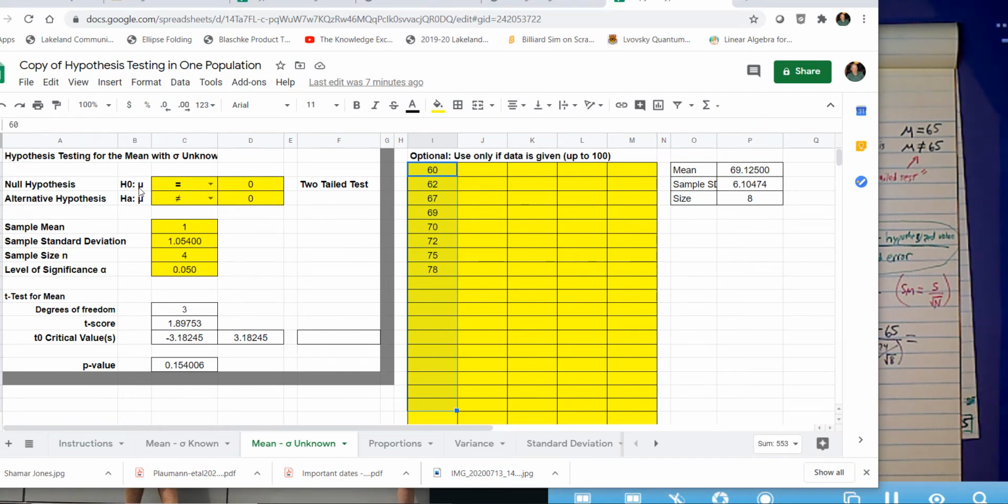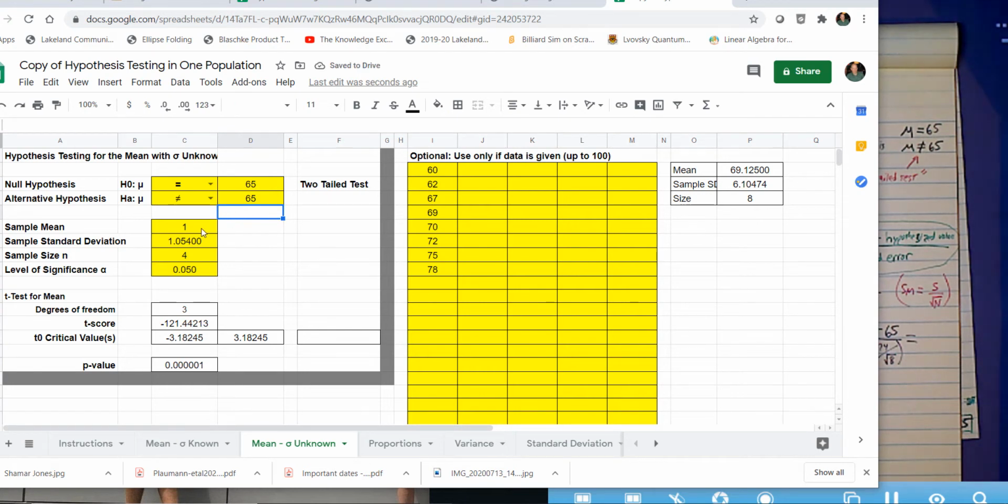Well, our null hypothesis is that the mean equals, and notice you can choose some other things if you have a one-tailed test, but we have a two-tailed test. The mean equals, and I will put here 65, because that's what our hypothesis is. The alternative hypothesis is that the mean does not equal 65.